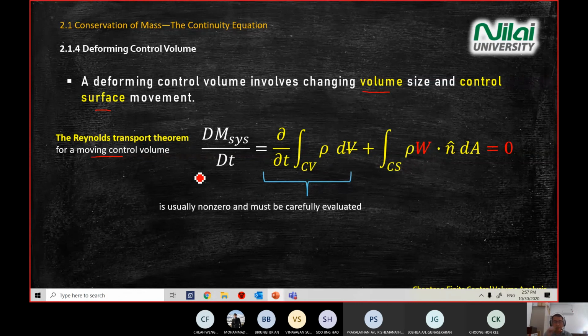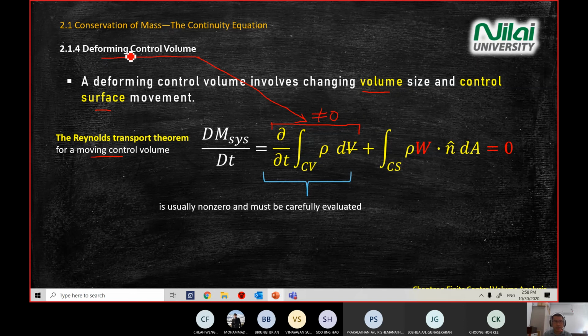In the previous one, because of the steady state, we cancelled this out for non-deforming. However, under a deforming control volume, this one is not zero. This component is not 0 when it is a deforming control volume.